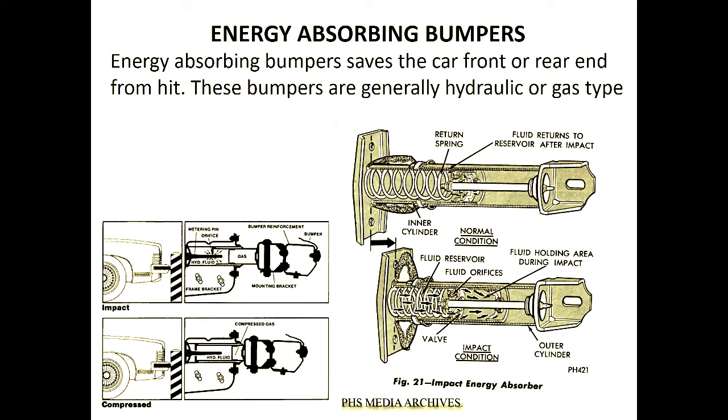It will not have a fluid reservoir. But here in the energy absorbing bumpers, we have a helical spring, that is a return spring, and there is a reservoir in which the fluid is available every time.